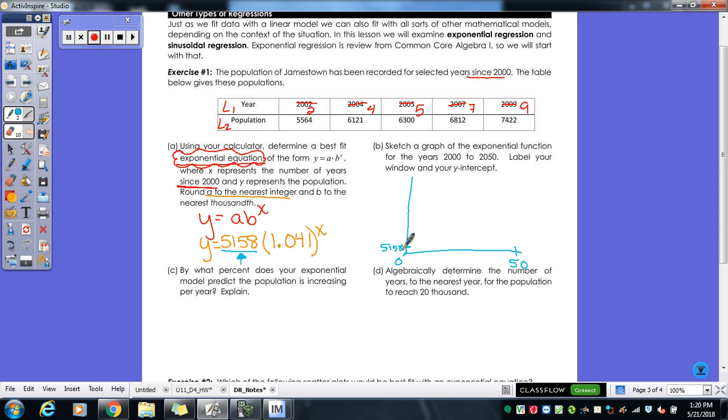We don't know yet. What could we do to figure it out? Plug 50 in for x. It's amazing. So let's again go to the nearest integer.